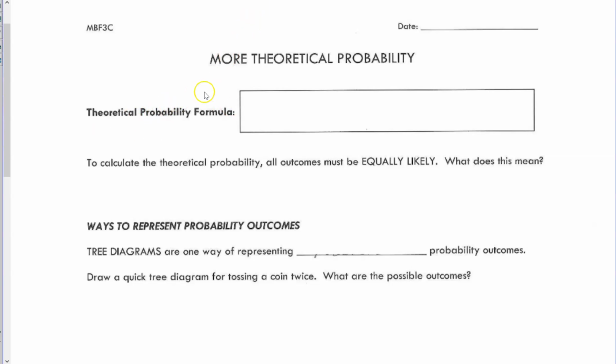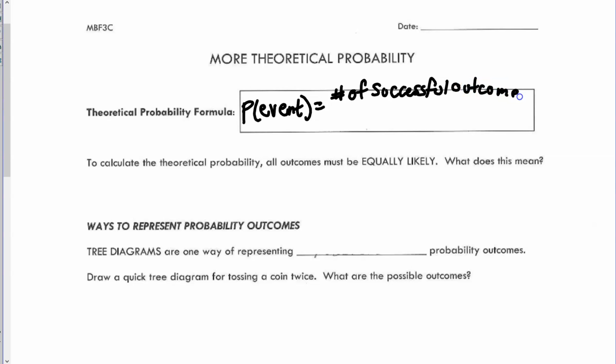So if you remember from yesterday, and hopefully we do, the theoretical probability formula is: the probability of an event happening is equal to the number of successful outcomes divided by the total number of possible outcomes.